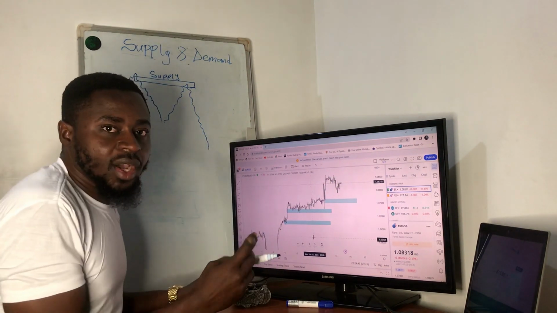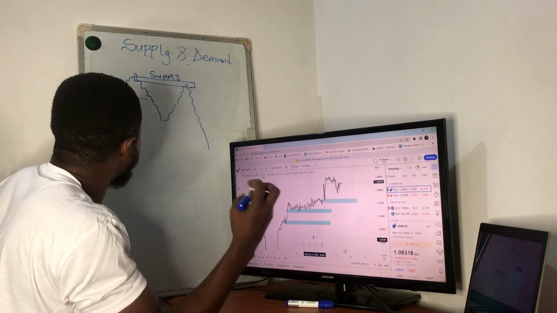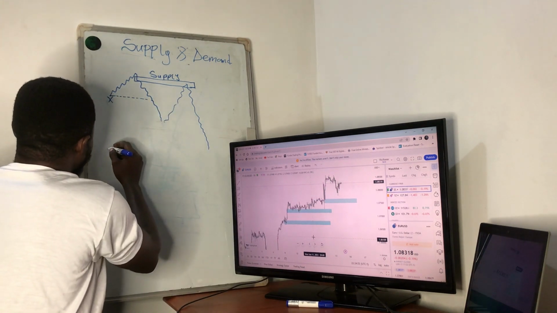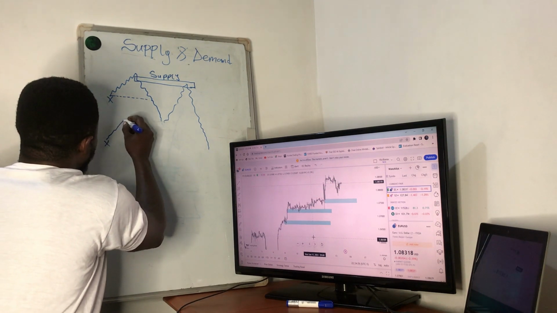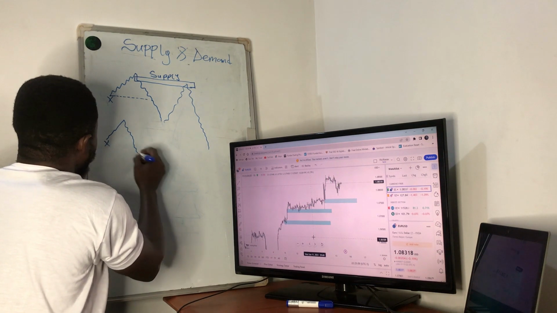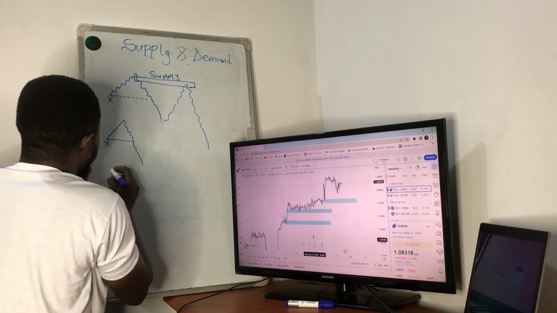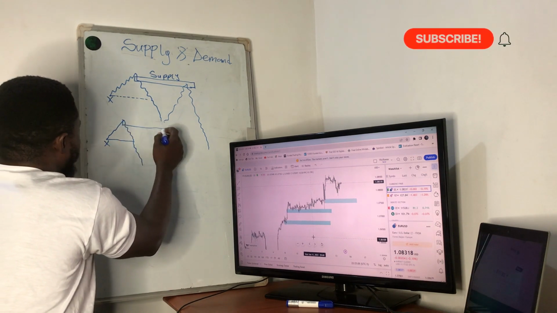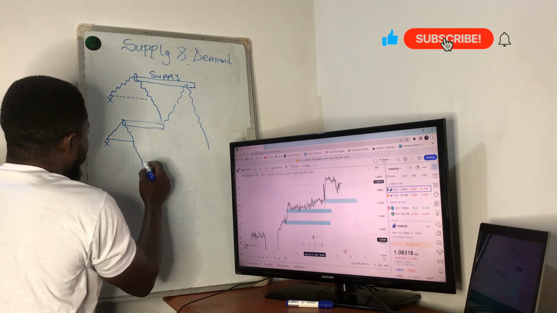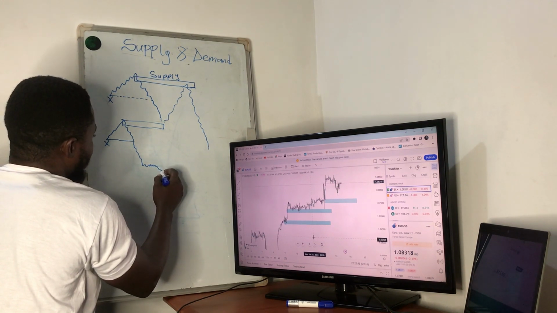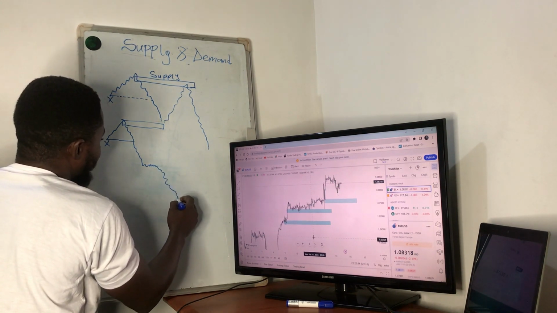Okay, and so now let's say price can still form supply. Let's say price can move from point X like this upward, deliver downward this way, taking out this lowest point for supply. This is an area of supply, and then price can fall into consolidation this way and continue to deliver downward.